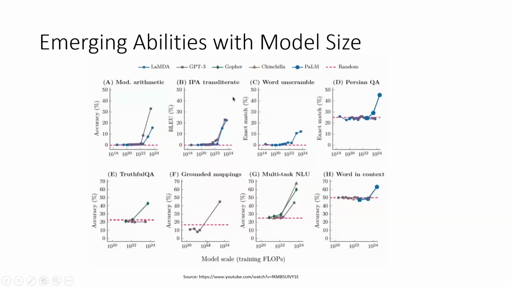So for all these capabilities, they have found that these models were able to do them with higher accuracy when passing a certain model size. Some of them think this can be called a phase change, like water moving to the steam state, right? Like after boiling, or ice turning into water.